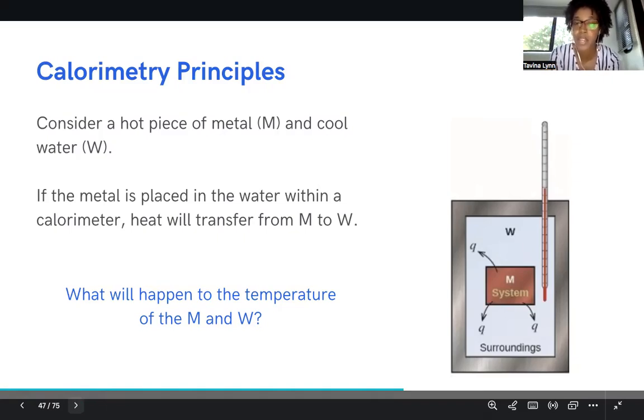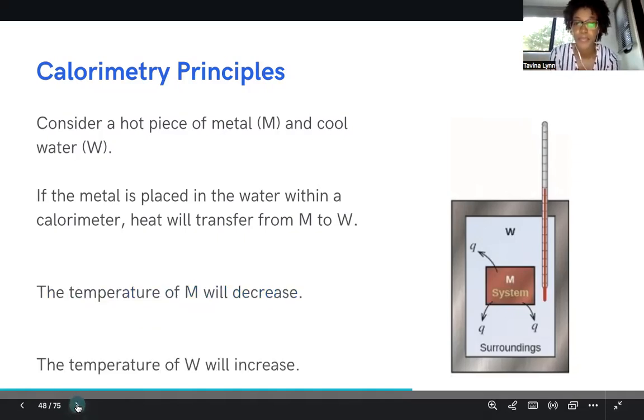Just intuitively, what will happen to the temperature of the metal and the water if heat is transferring from the metal to the water? So the temperature of the metal will decrease, because it's losing heat, and the temperature of the water will increase as a result of receiving that heat from the metal.